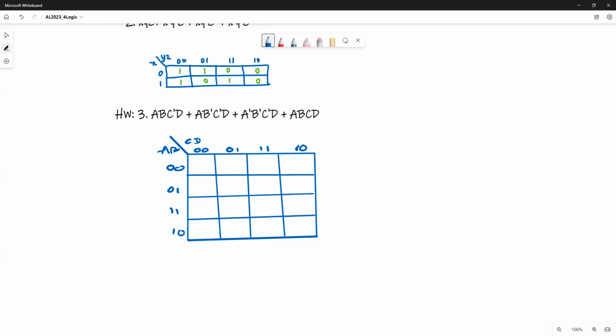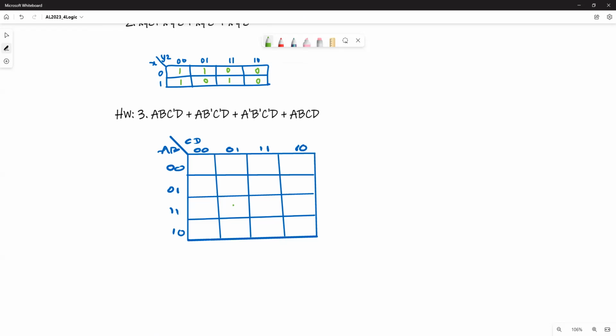The first one that we need to put is A, B, C bar D. The first one we have to say AB. AB means 1, 1. C bar D means 0, 1. 1, 1, 0, 1.